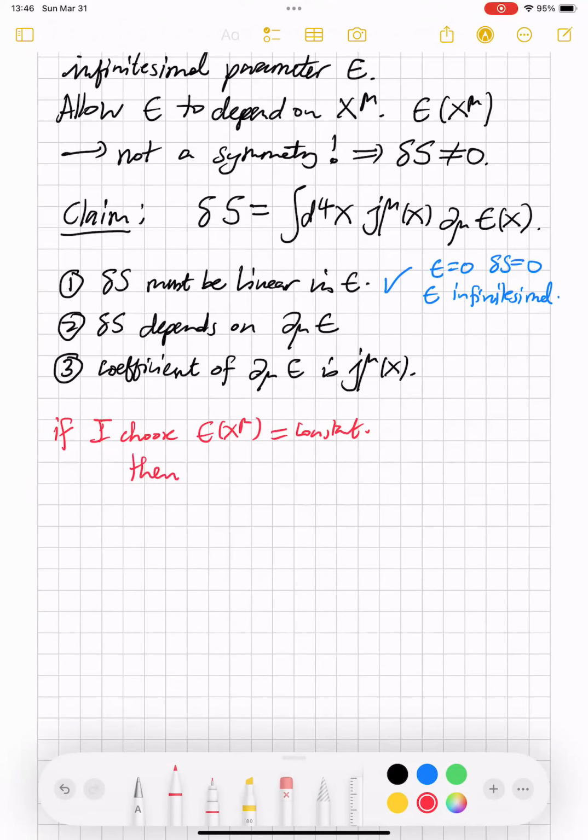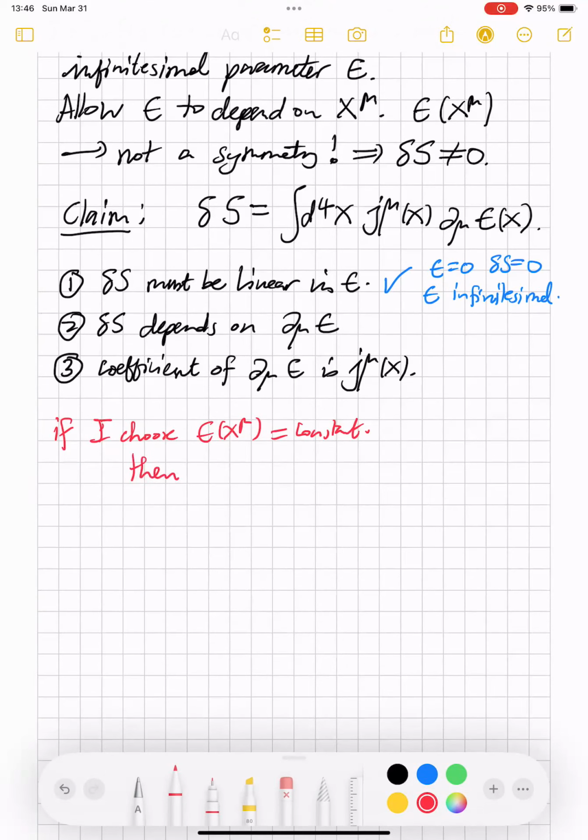But if d mu acts on the epsilon, I've got j mu d mu epsilon, and that is the term that I started with, okay? So the derivative of the product minus the second term is exactly the expression for delta S that I wrote above. So I haven't actually done anything. So that's definitely an equality.